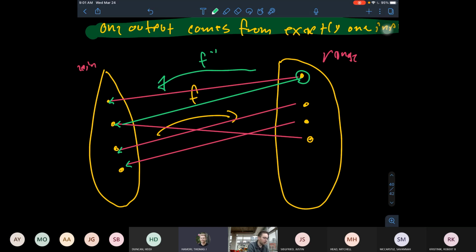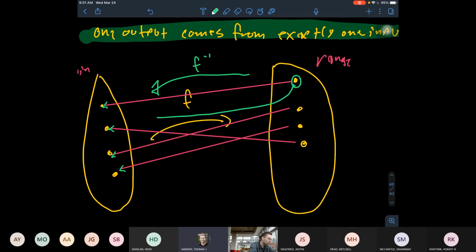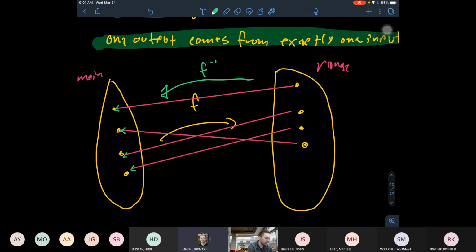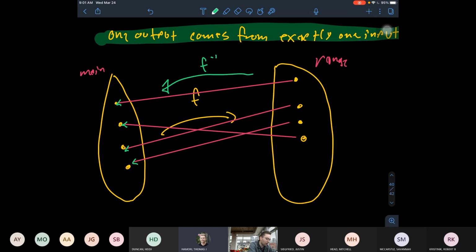We don't have that happening because the original function, which went from left to right, is one-to-one. If we go backwards, we're only going to have one output mapping backwards to one single input. And if we have a relationship which has always one input going to only one output, then we know that is a function.